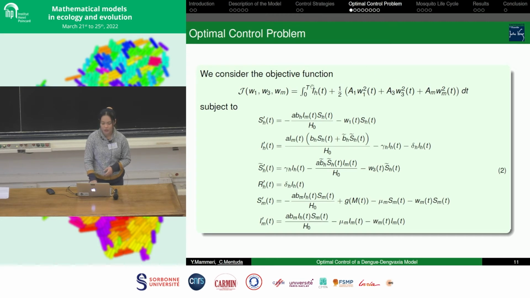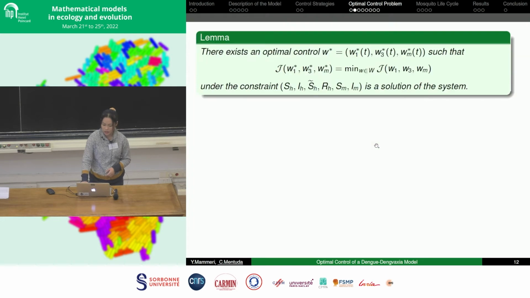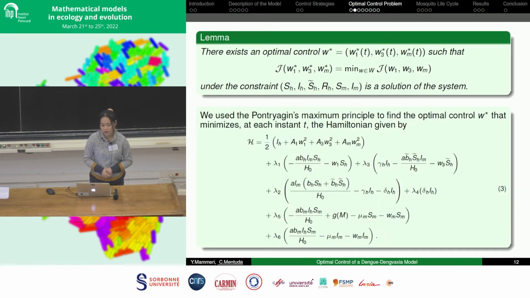So with this objective function, subject to our state variables, we were able to obtain a result that there exists an optimal control, we call it W star, such that our J is just the minimum of our objective function. So from this lemma, since the optimal control exists, we use the Pontryagin maximum principle to obtain what is this optimal control value.